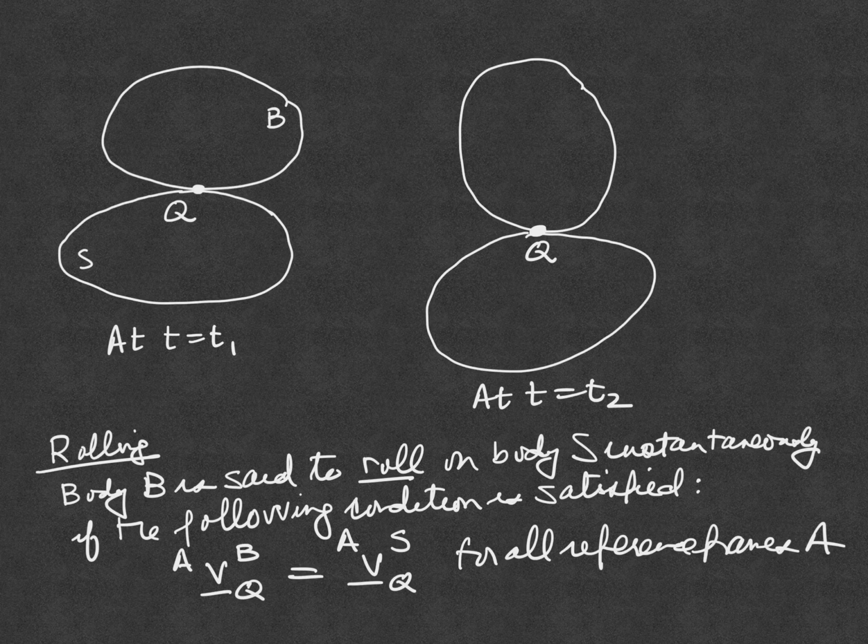Now, rolling, you could think of, what that means is that the instantaneous point of contact, whatever that is, the relative velocity between the two objects at the instantaneous point of contact, that particular point on both bodies, is 0. So this is another way to say this.